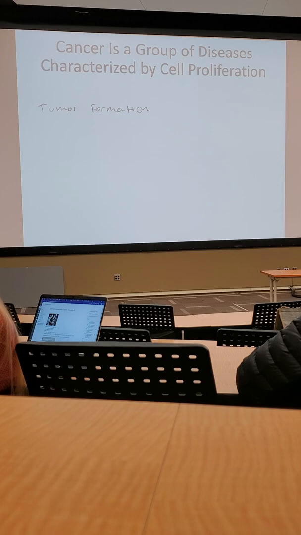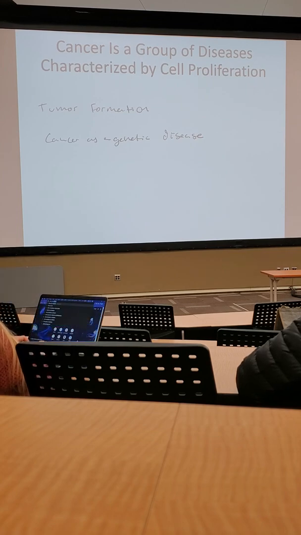But we can think of cancer as a genetic disease. What's going to be true about this? What do we have to be able to take into account, especially in human genetics, if we want to think about genetics of cancer and risk? And you saw this last week in discussion.